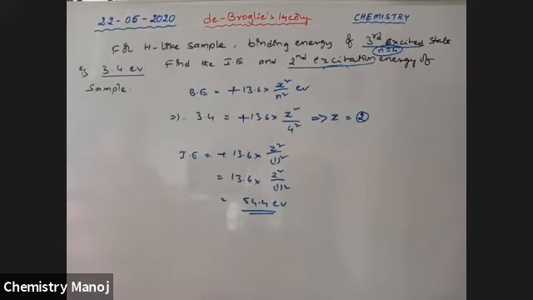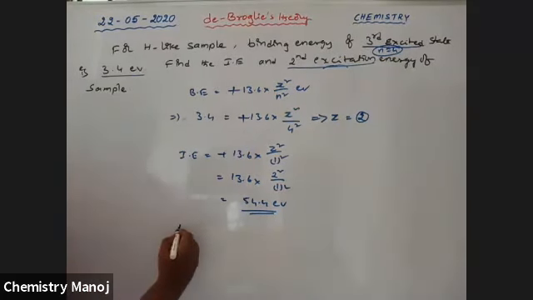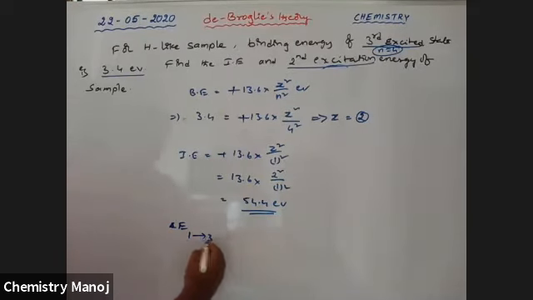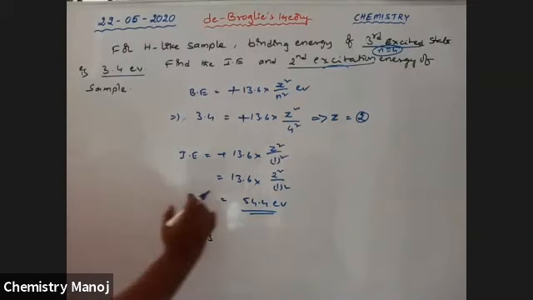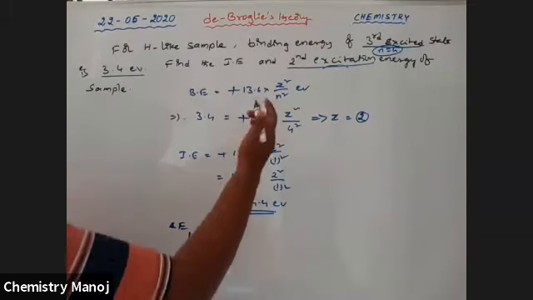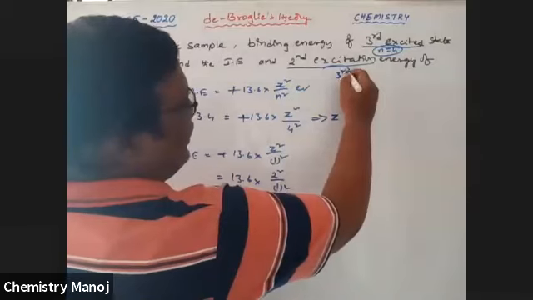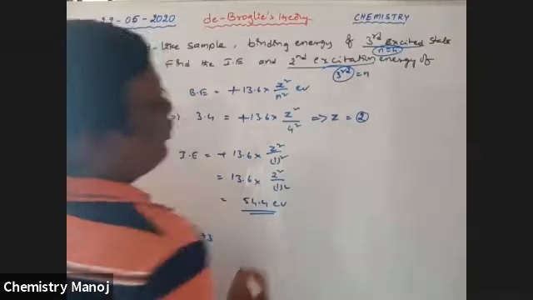So next, the second excitation energy of the sample. Second excitation energy, delta E, is from the first orbit to the third orbit. The electron is in the first orbit and goes to the third orbit, so n is equal to 3.